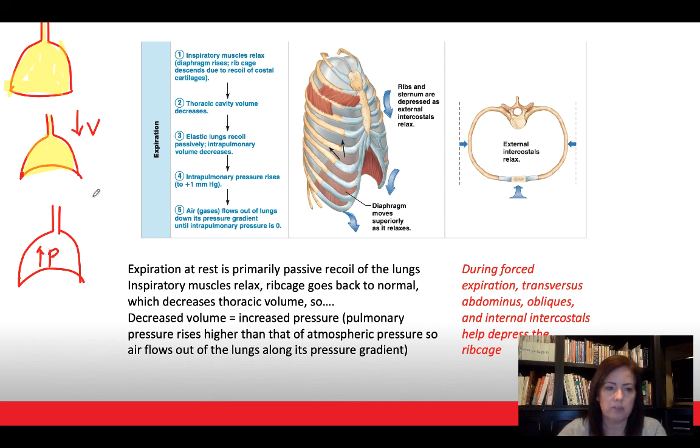That increased pressure means there is a higher pressure inside the thoracic cavity versus atmospheric pressure on the outside of us. We know air is going to flow down its pressure gradient, so air is going to move from inside the thoracic cavity to outside the body. And that's how air moves from inside the lungs outside when we expire.